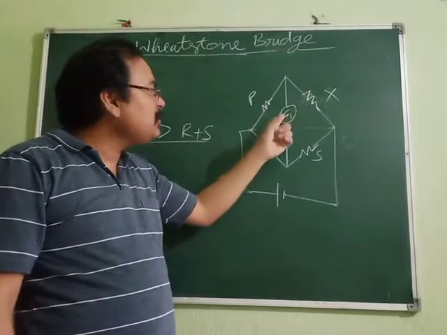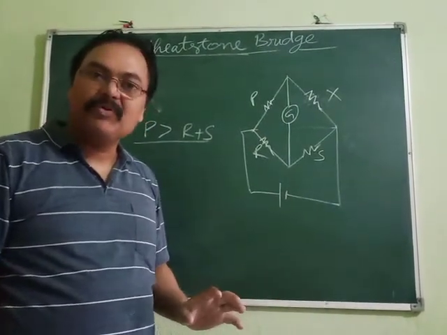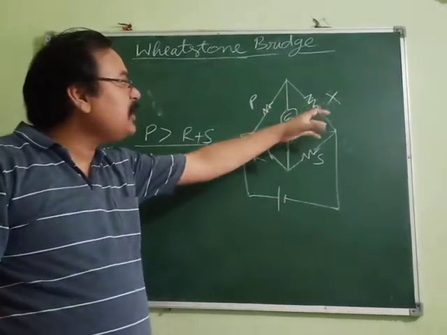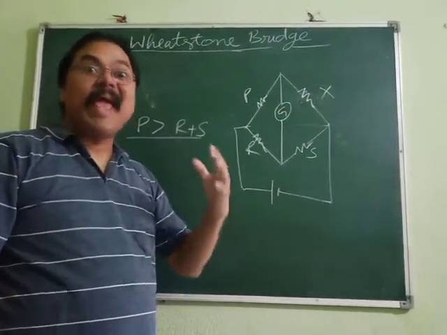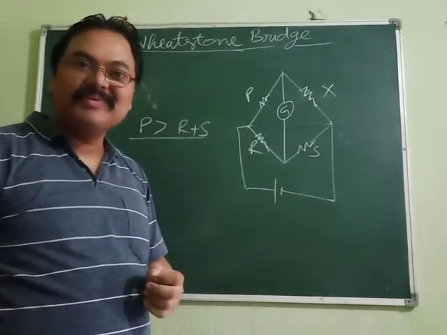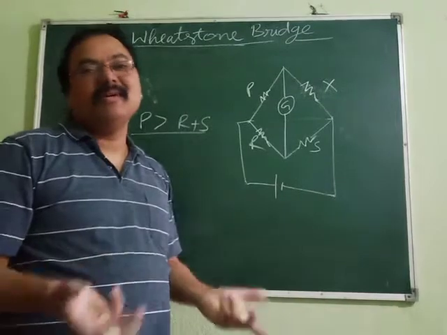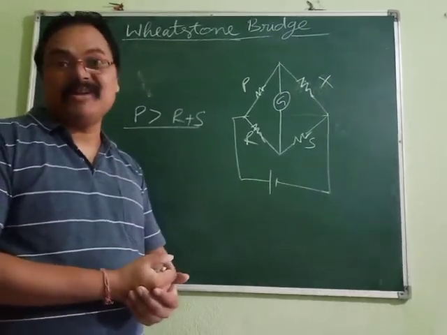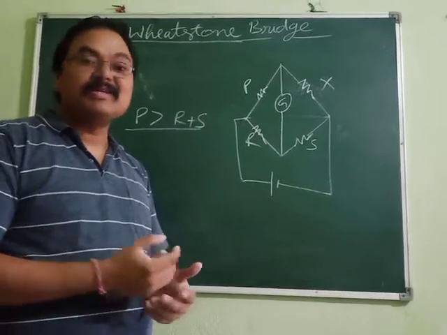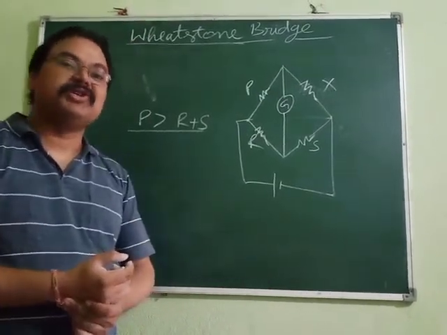As no current is passing through the galvanometer, the resistance of the galvanometer also will not affect. So whatever resistance we get of this unknown resistor is a more accurate value, because the resistances of other devices are not influencing it. That's why it is very advantageous to use the Wheatstone bridge.